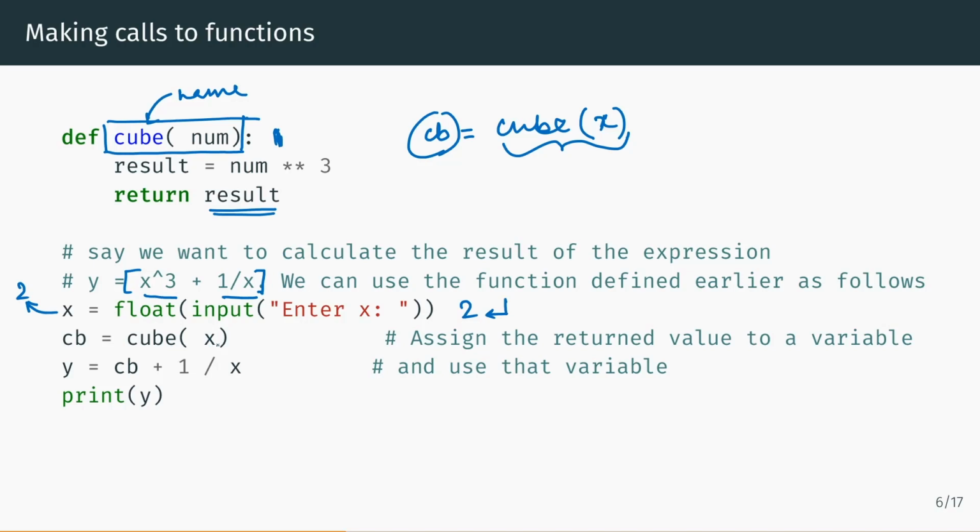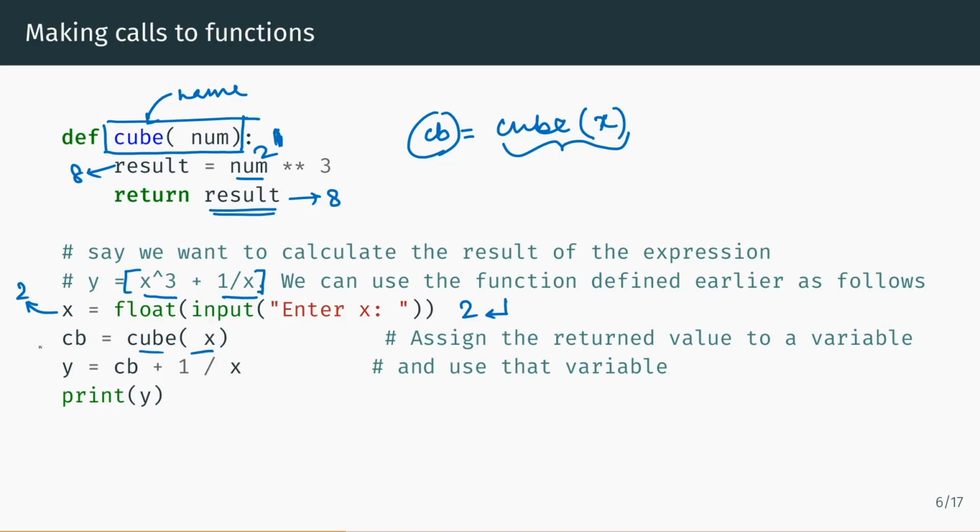If the variable x has the value 2, cube of x will return 2 raised to the power 3, which is 8. That's the result that is returned. So cube of x would return 8, and cb would catch the value returned by cube of x.